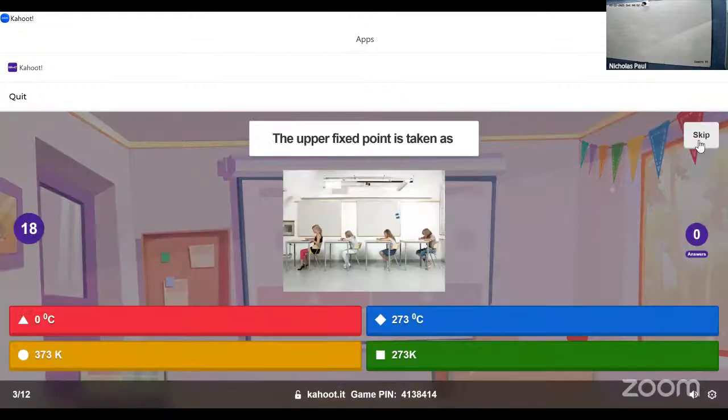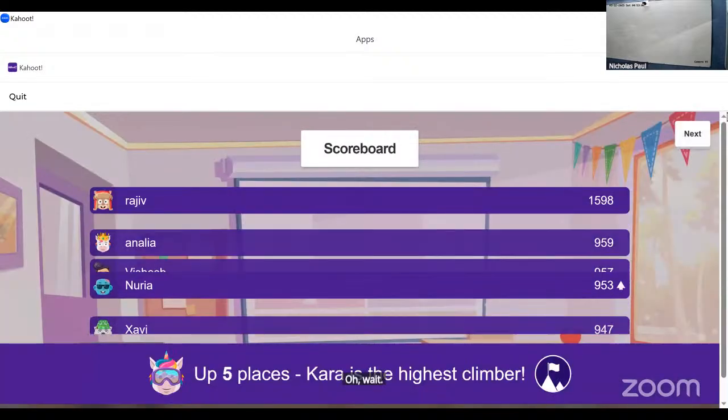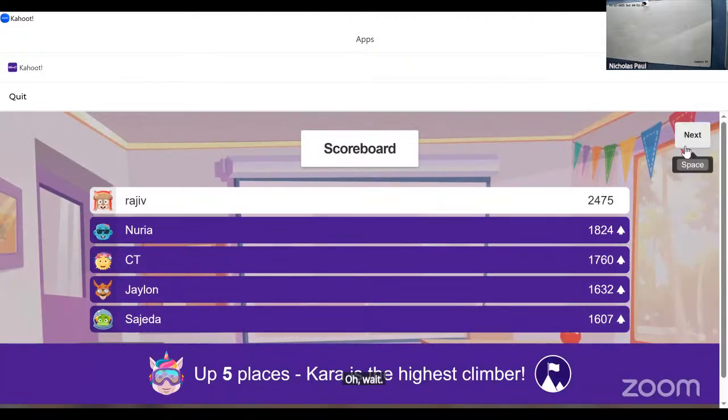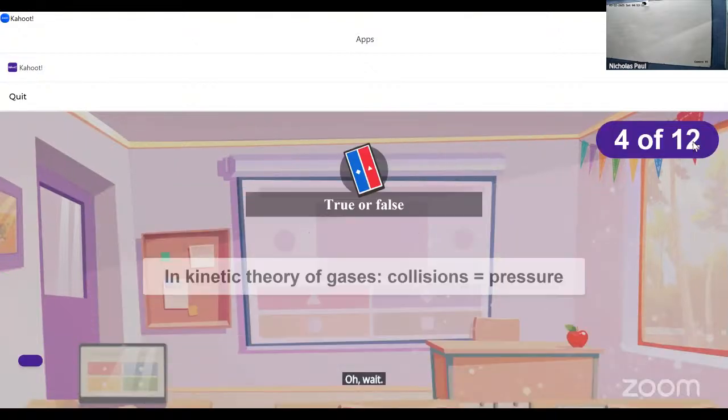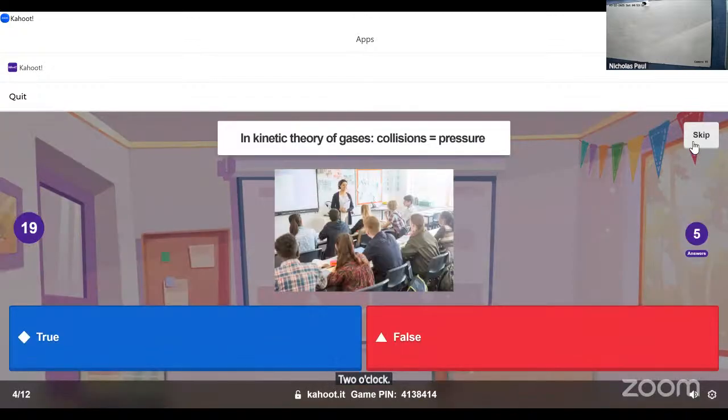Which one is the upper fixed point? Wait, I got that wrong. Finally, I got that wrong. True or false? True or false?